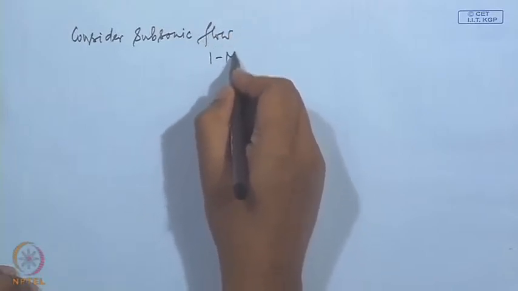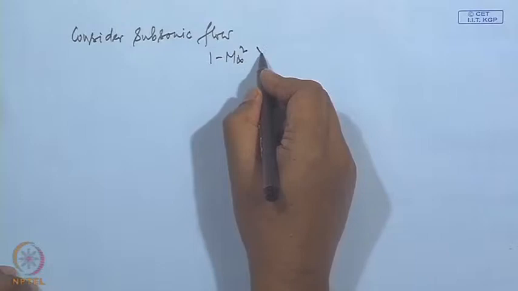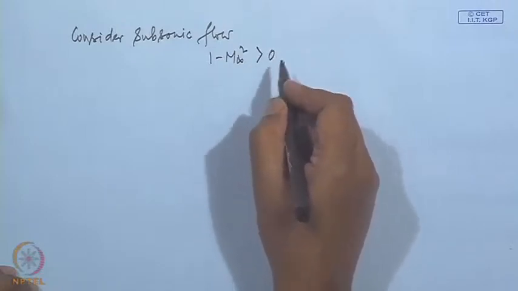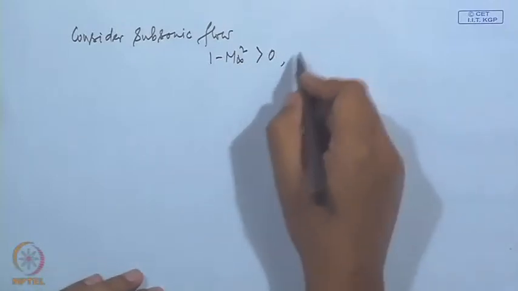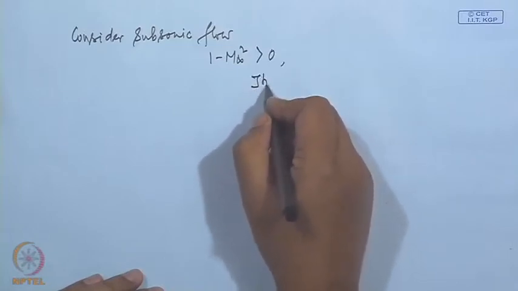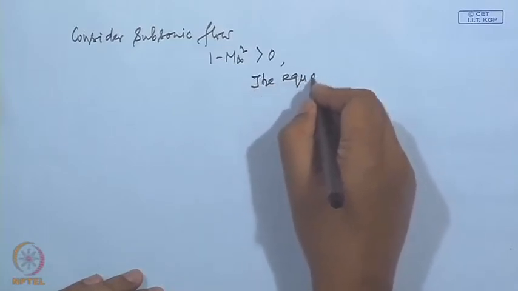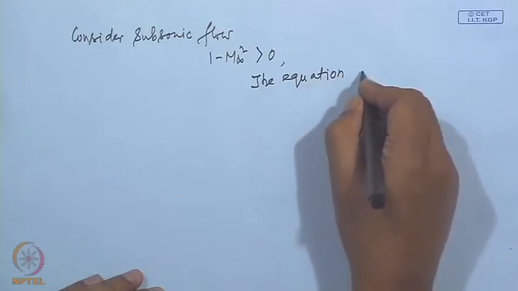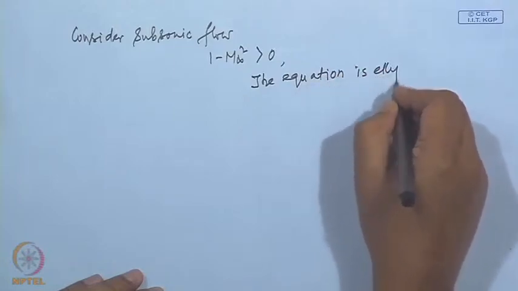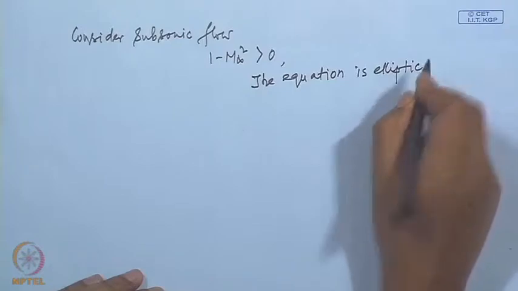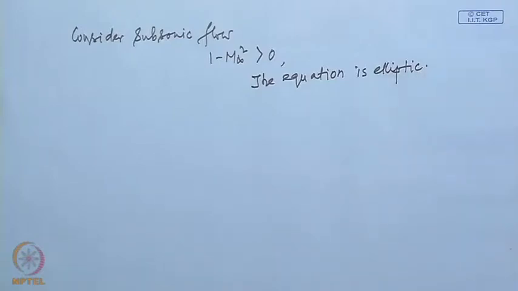We now have 1 minus M infinity square greater than 0 and the equation is elliptic. That is, in this case the solution will be smooth over the entire flow field, and we need to satisfy all the boundary conditions together to get the solution.